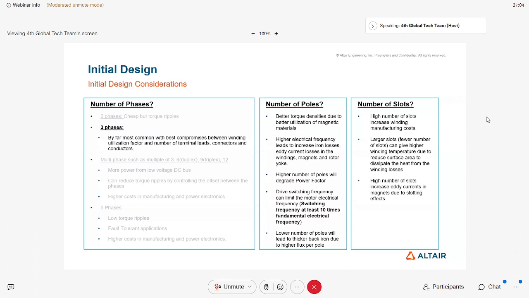But for a synchronous reluctance machine, this is not an issue because we don't have magnets, and usually we use lamination on the rotor. But there are some synchronous reluctance machines where the rotor is a massive part, and here we have to pay attention to eddy current due to the slotting effect.